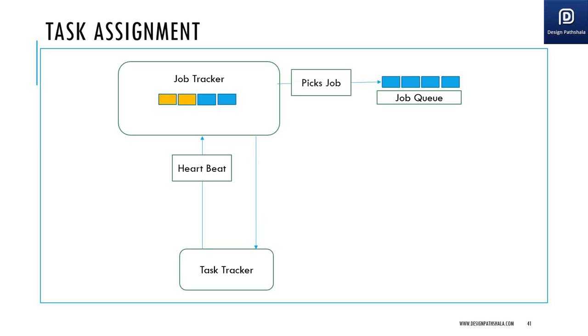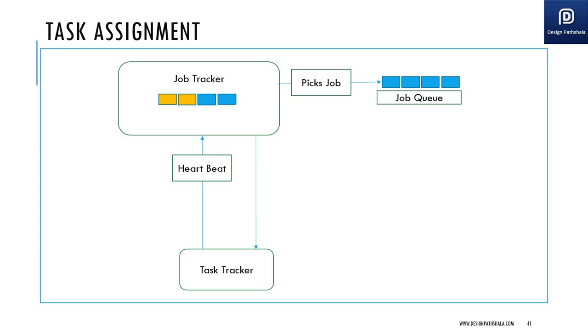These task trackers keep sending heartbeat signals to the job tracker, and by virtue of these heartbeat signals, the job tracker knows the state of the task tracker. If a task tracker is down while processing, the heartbeat signal would not be sent to the job tracker. In that case the job tracker knows the task tracker is down, and no further requests would be given to that data node.